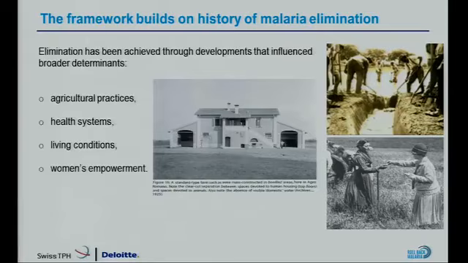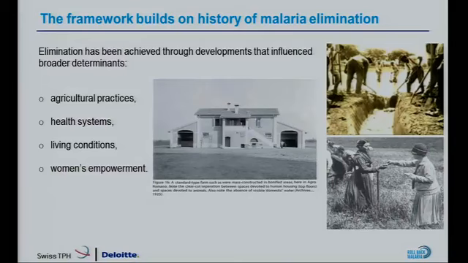So of course, the framework builds on the history of malaria elimination, and as all of you know in this room, countries that have been successful in eliminating malaria have been successful because they engaged in much broader determinants than the health determinants.